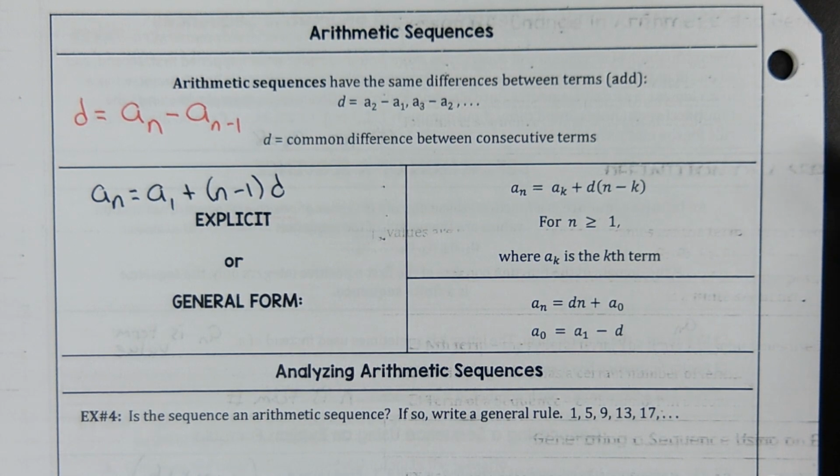Let's just talk about what they've done here. N minus 1 times d. So explicit means the input is the term number, the output is the term value. That's what explicit means. It means I don't need to know any other prior terms to get a term. That's what explicit means. Now let's just talk about what you're looking at here.